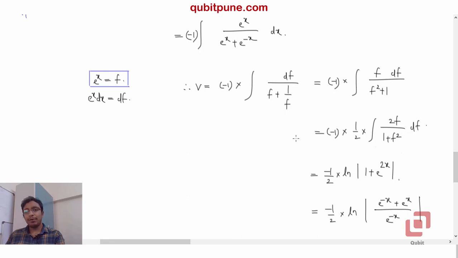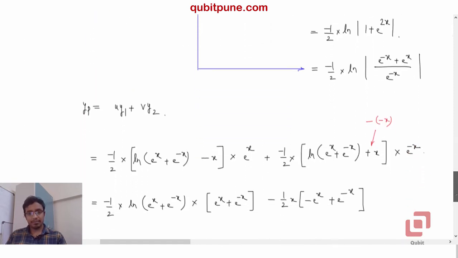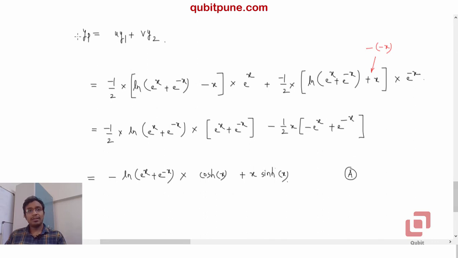Okay, so once you compute u and v, let us go back to the general solution and substitute these functions there. So yp is u y1 plus v y2, and let me again remind you that y1 that we have taken is e to the power x, and y2 that we have taken is e to the power minus x.